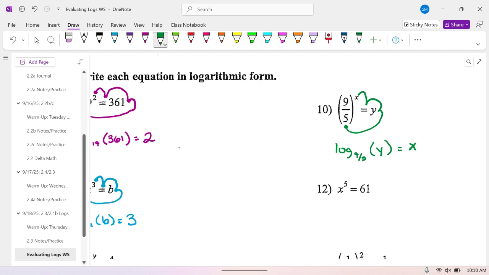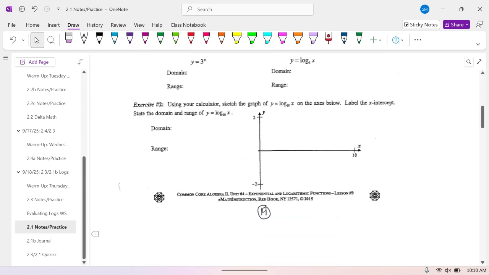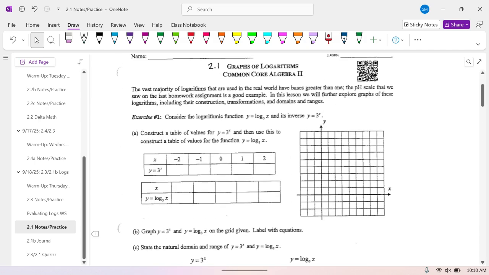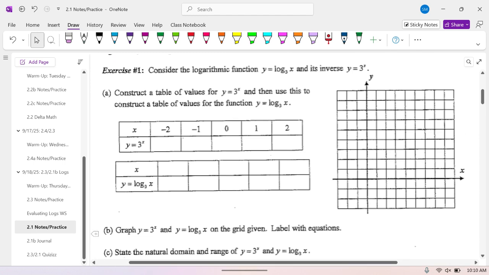All right. So now let's look at the graphing of logarithms. Turn to page 19 in your packet. So this is technically the other part of 2.1.